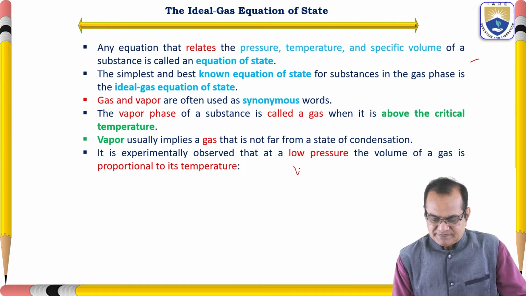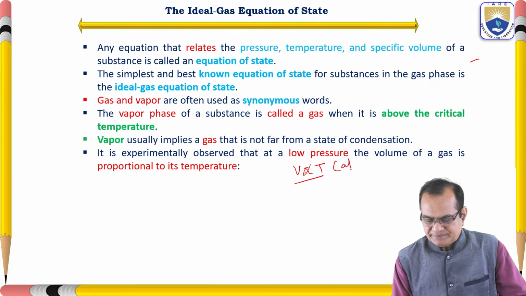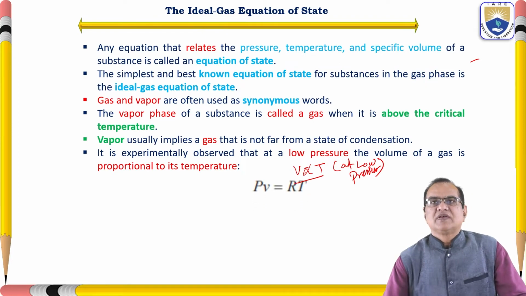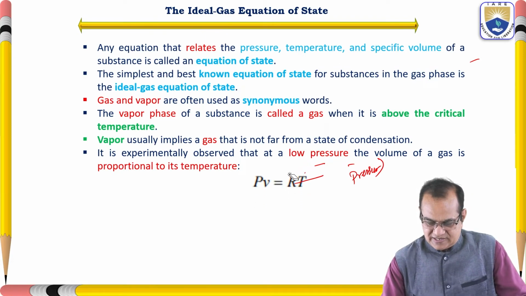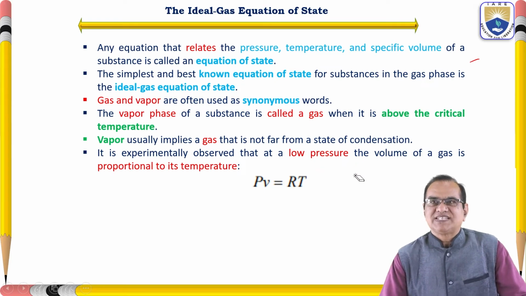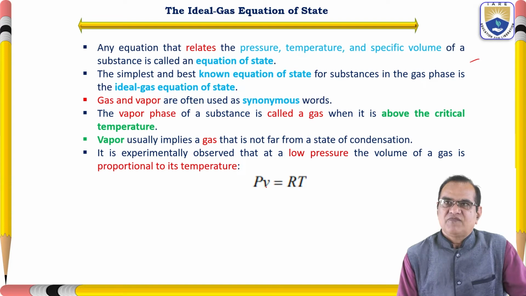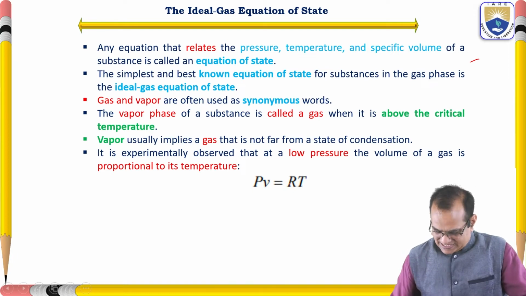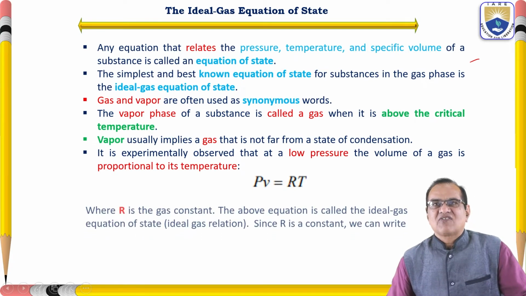So V is directly proportional to T at low pressure. This we have to understand. And this is called PV is equal to RT. In this gas equation, P is the pressure, V is the specific volume, T is the temperature, and R is the gas constant.